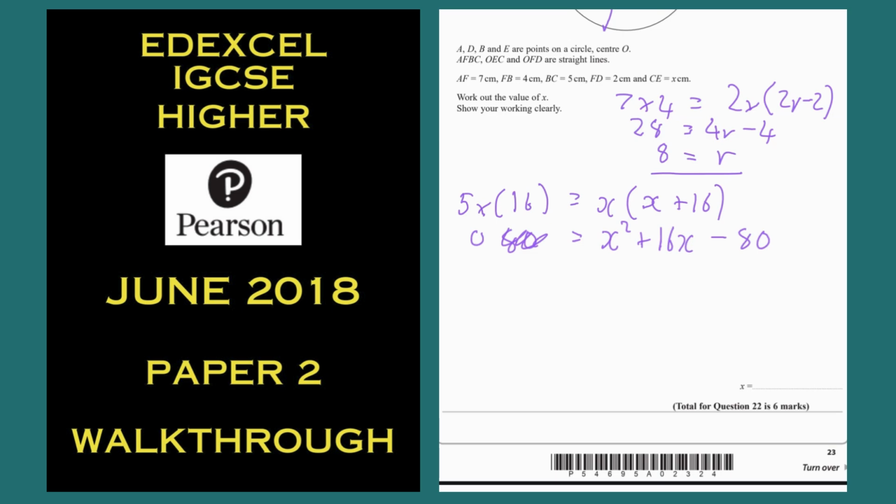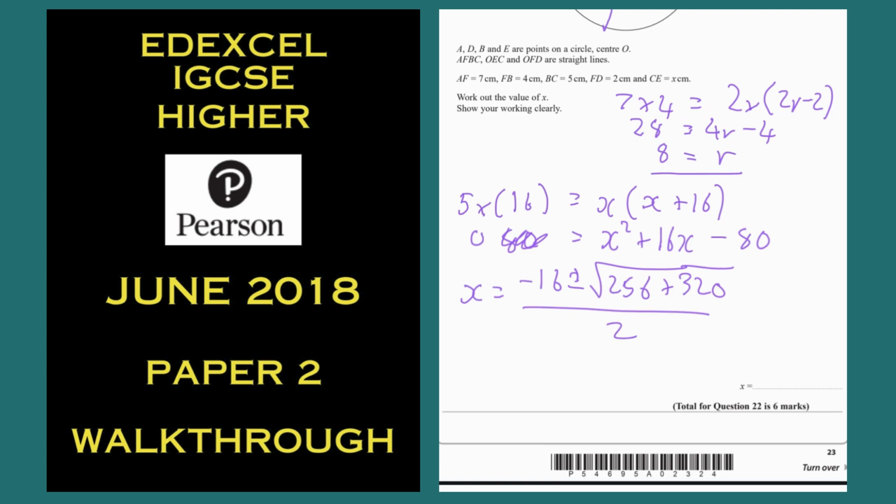I use the quadratic formula anyway, just in case it was wanting us to have some strange numbers, but it turns out to be quite a nice number. So use the quadratic formula: minus 16 plus or minus the square root of 16 squared plus 4ac, 4 times 1 times 80, it's a plus because it's minus times a minus, 320.